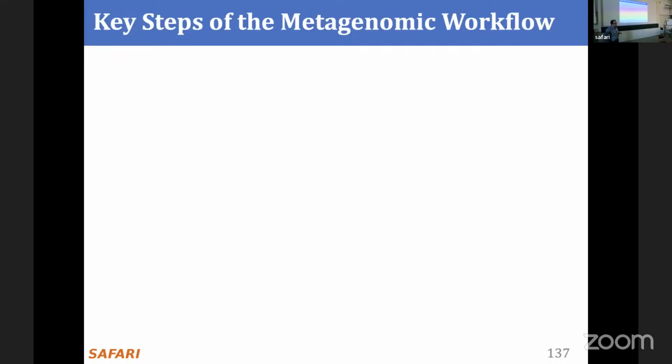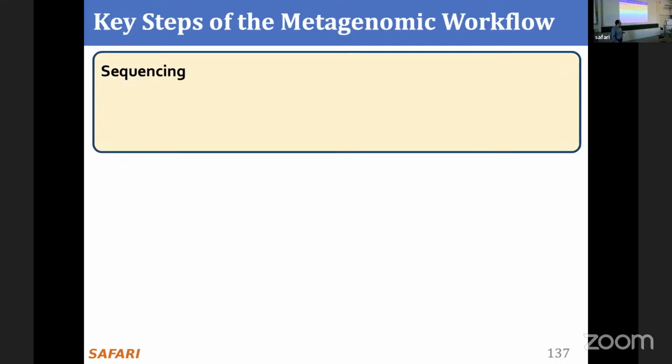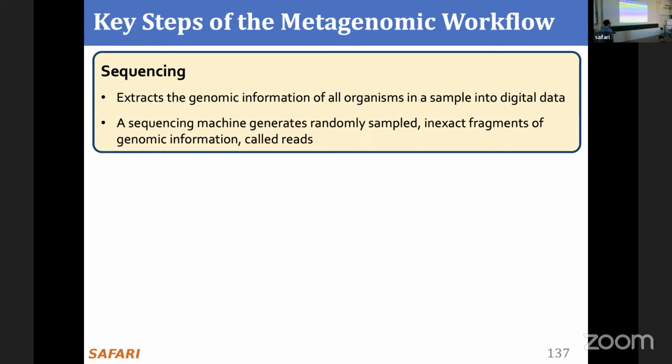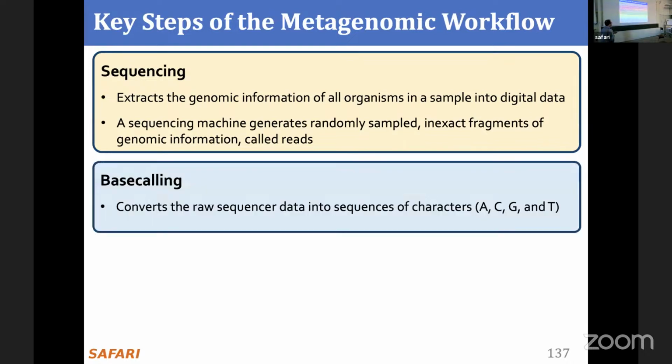So there are several key steps of the metagenomics workflow. We first need to do sequencing that extracts the genomic information of all organisms in a sample into digital data. And a sequencing machine generates randomly sampled inexact fragments of genomic information that we call reads. And then we do base calling, where we convert the raw sequencer data into sequences of characters like ACGT.